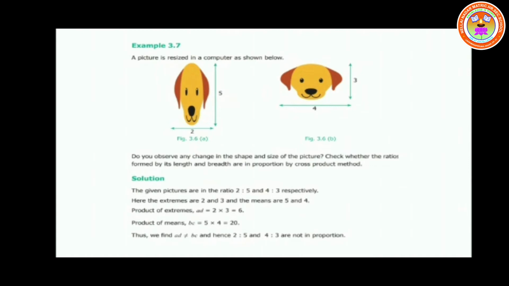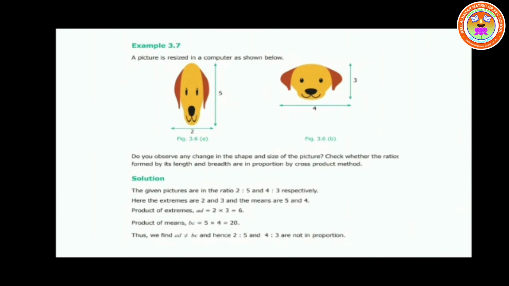That means the product of the extremes is not equal to the product of the means, and hence 2:5 and 4:3 are not in proportion. I think you all have a clear idea about the proportionality law. Have you understood, children? If the product of the extremes and the product of the means are equal, they are in proportion.